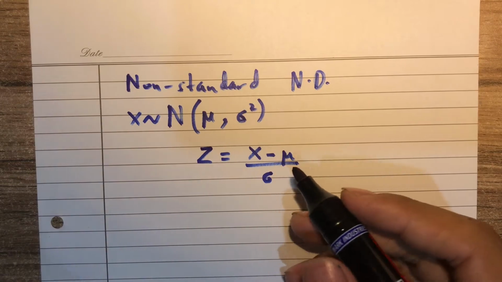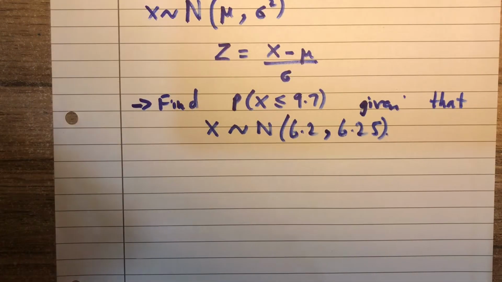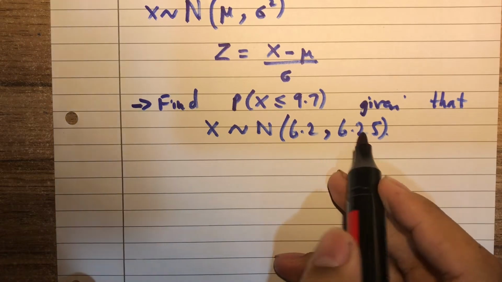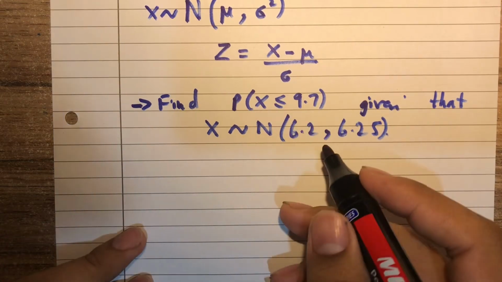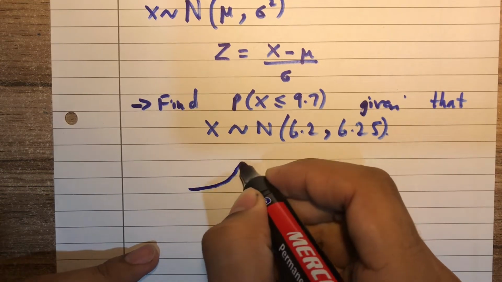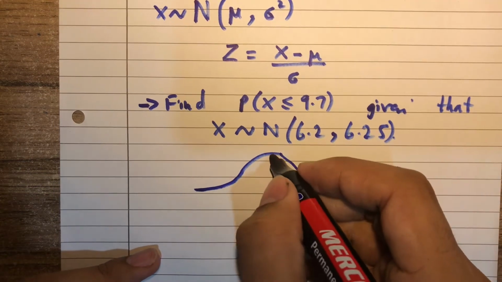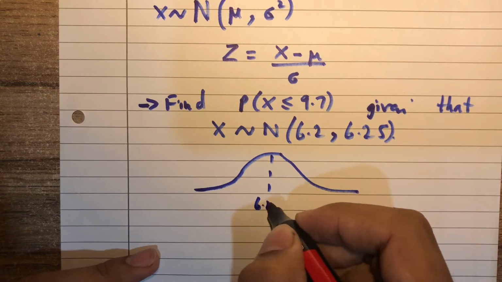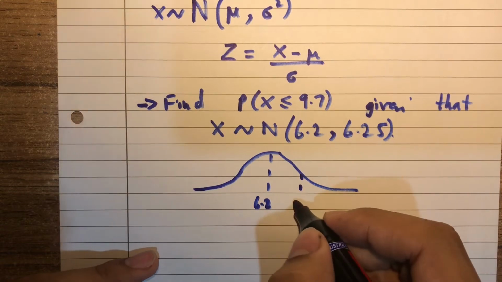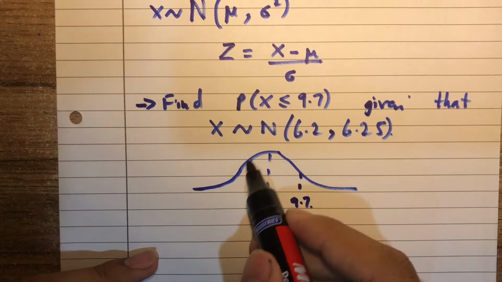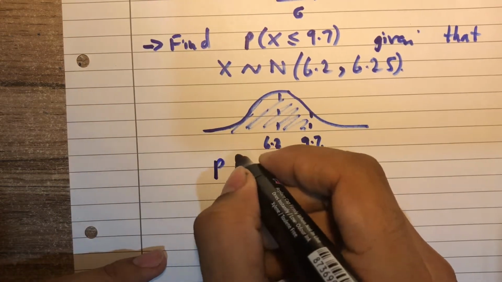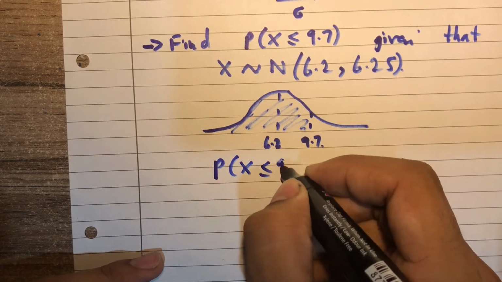This is the formula. So we'll do a question. Now over here we have this normal distribution with this mean and this variance. We have to find the probability of x less than equals to 9.7. The normal distribution that is given is somewhat like this, and the mean is 6.2. Then we have 9.7, it's after the mean, and we have to find this region. So basically we have to find probability of x less than or equals to 9.7.